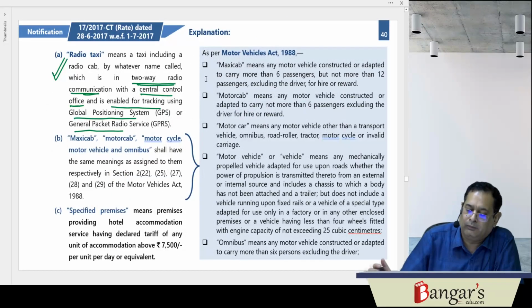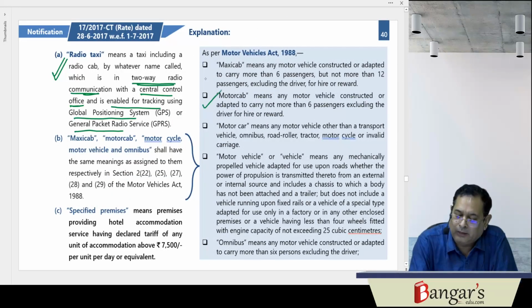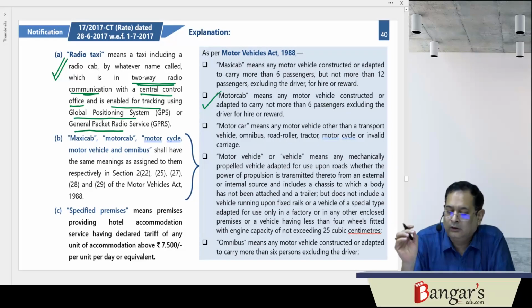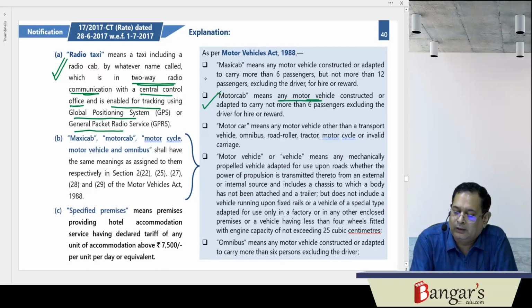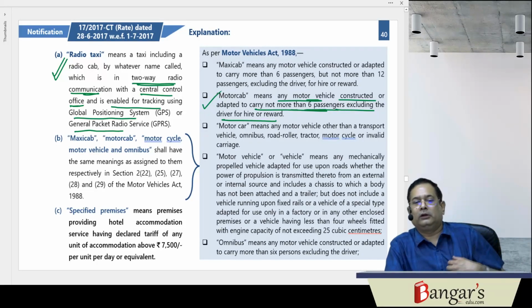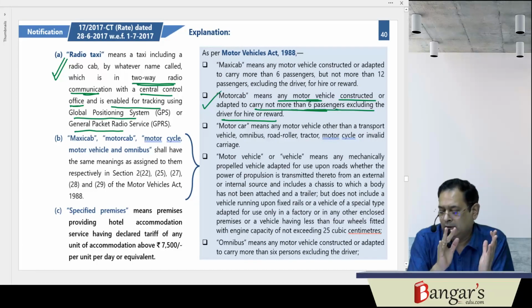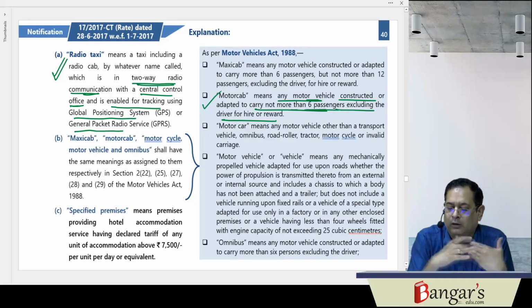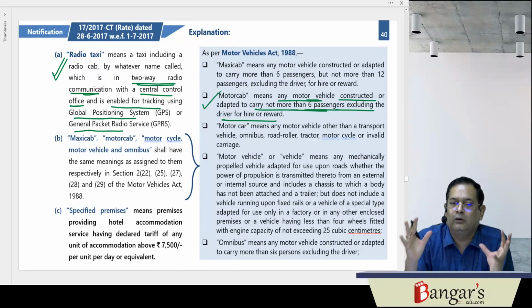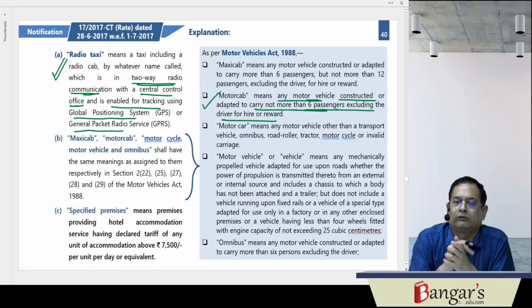A motor cab is a motor vehicle constructed or adapted to carry not more than 6 passengers, excluding the driver, for hire or reward.